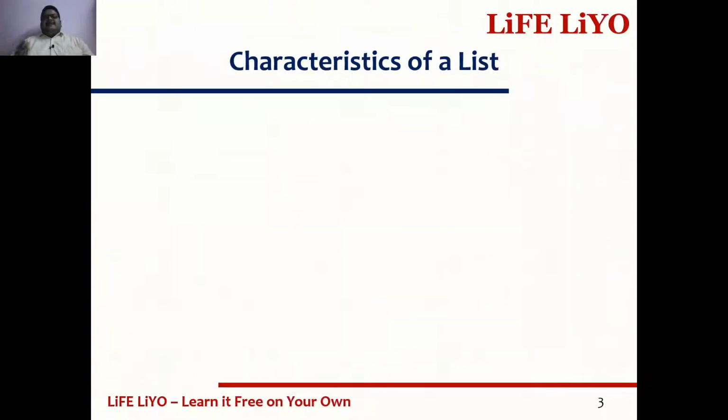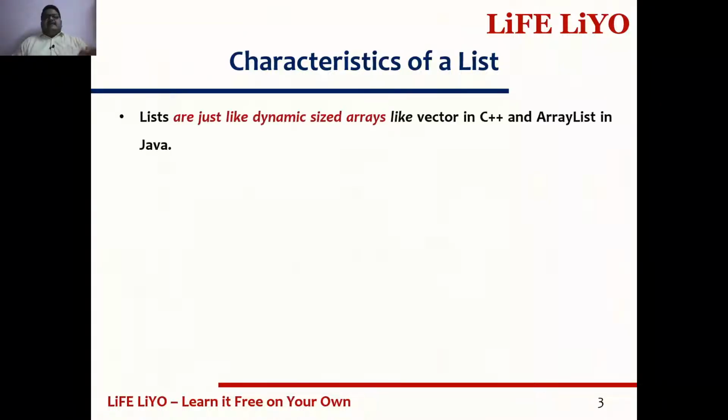What are the characteristics of a list? The first and foremost one is that it is a dynamic sized array. In C programming, when you read about arrays, they are fixed arrays. But here it is a dynamic sized array, like vectors in C++ or ArrayList in Java.